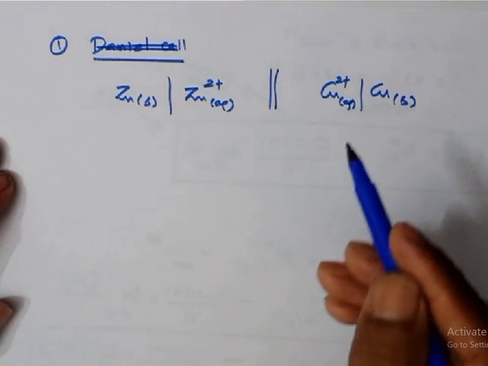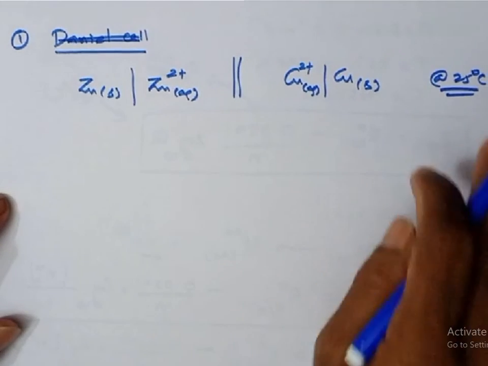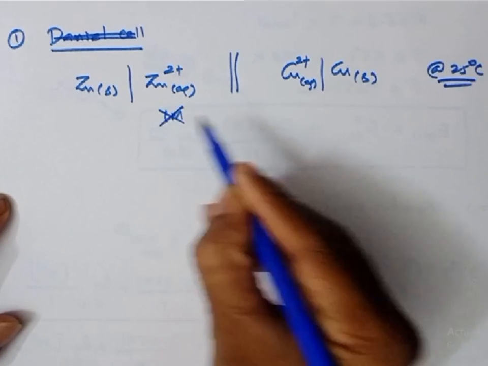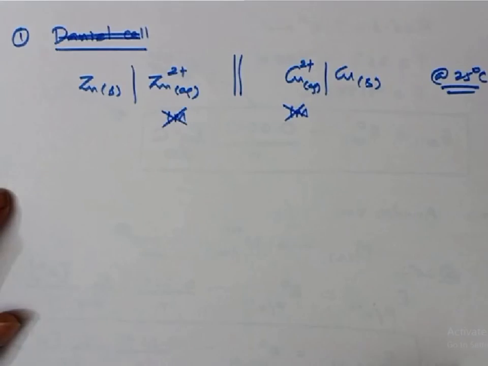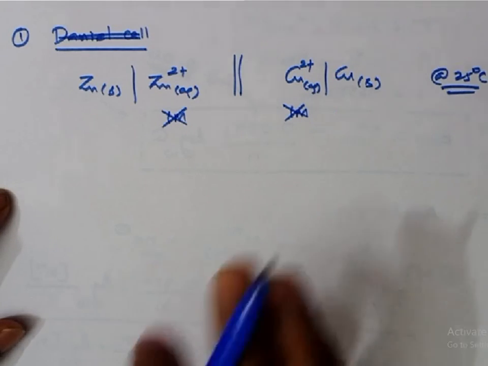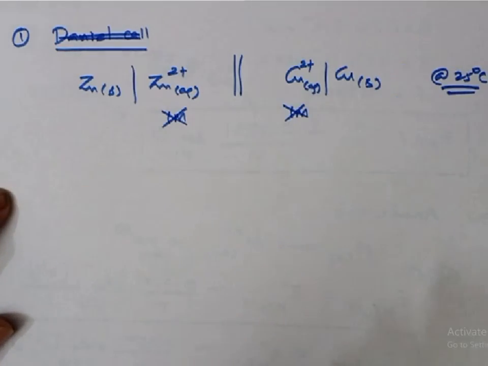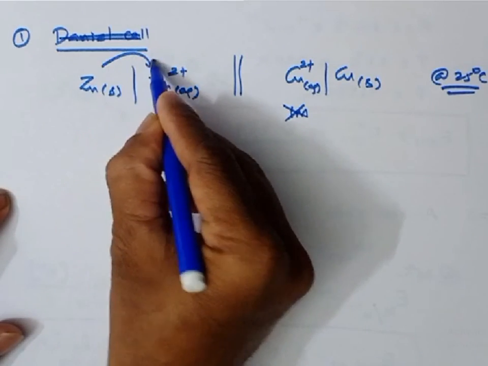And let us assume the temperature is 25 degrees Celsius, but the concentration is not 1 molarity now. So it is not a standard cell. The potential produced here is not a standard cell potential. That's the point. Now in the anode, zinc becomes zinc ion.